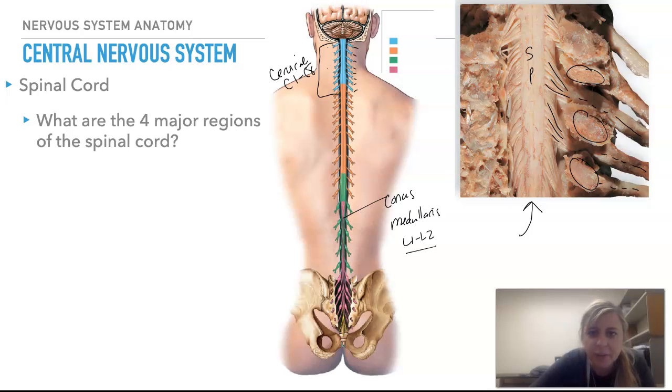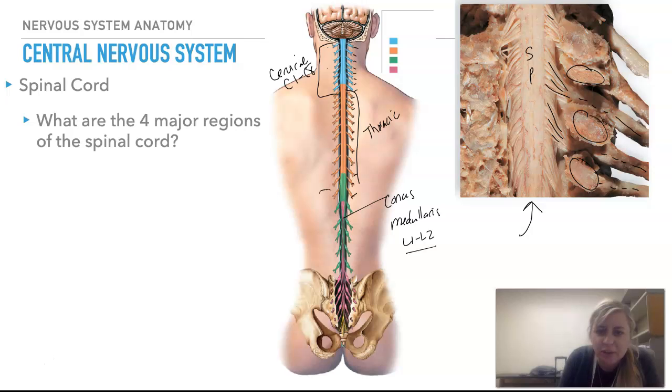And then below that, we have the thoracic region. The thoracic region of the spinal cord gives rise to T1 through T12: 1, 2, 3, 4, 5, 6, 7, 8, 9, 10, 11, 12.